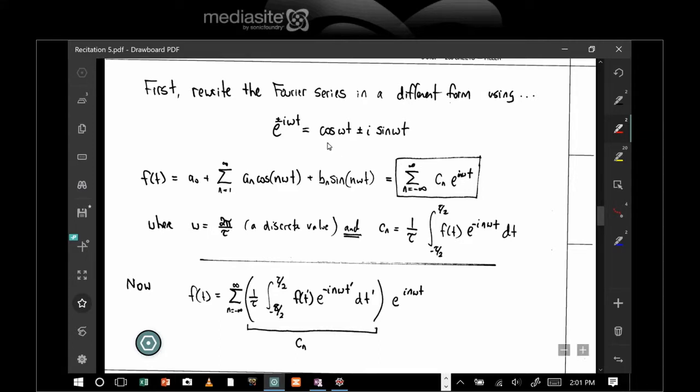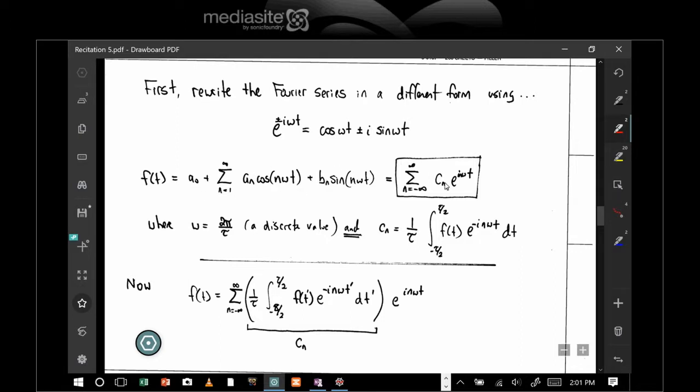So I'm going to rewrite the Fourier series in terms of the Euler relationship. Remember, a Fourier series is a sum of sines and cosines.